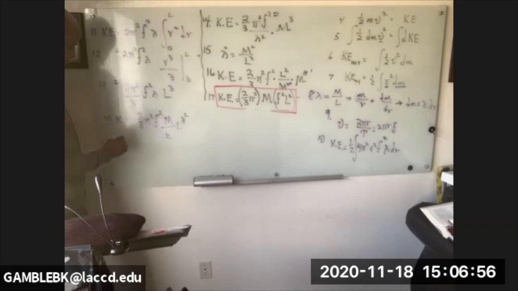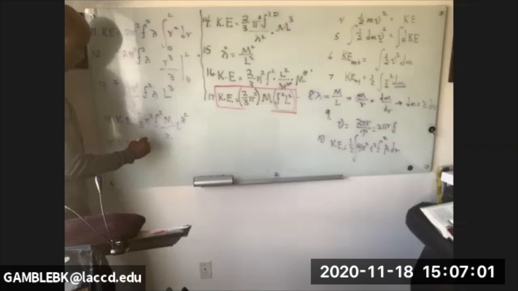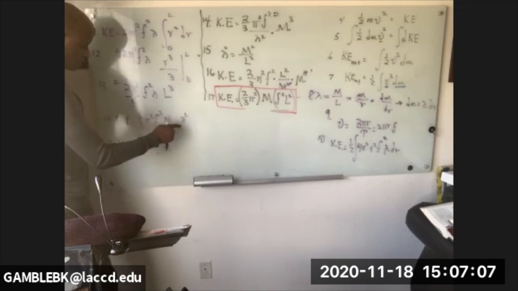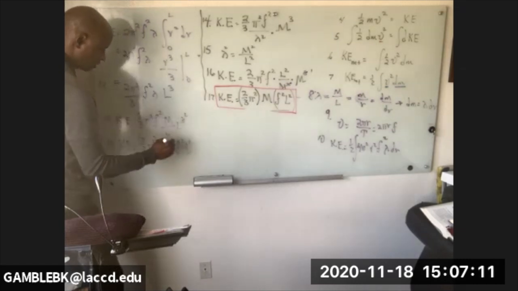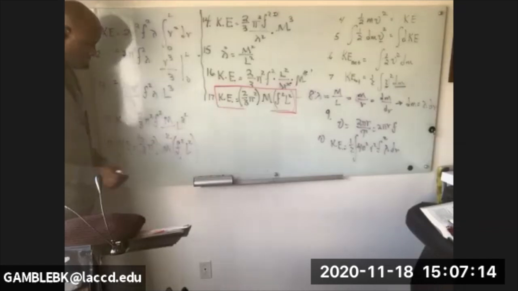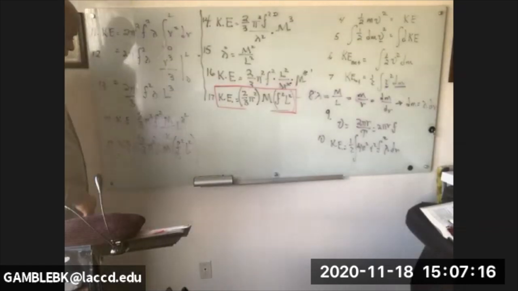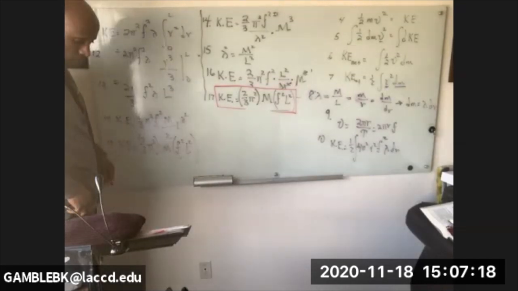That total kinetic energy is equal to 2/3 pi squared quantity, and then I have the mass, and then I have f squared times L squared, which is speed in terms of frequency and total length.